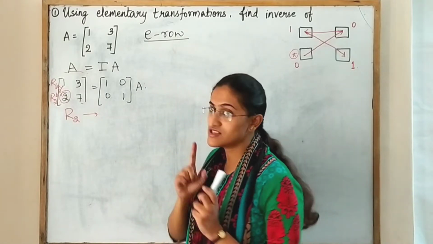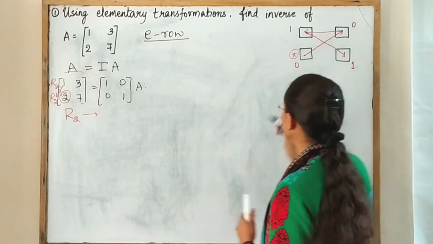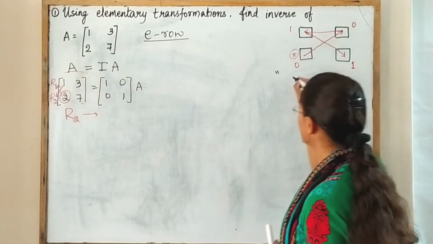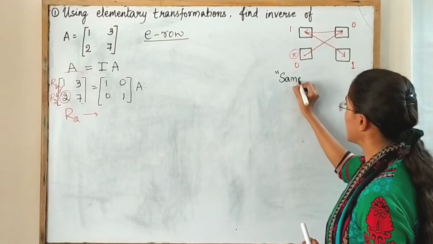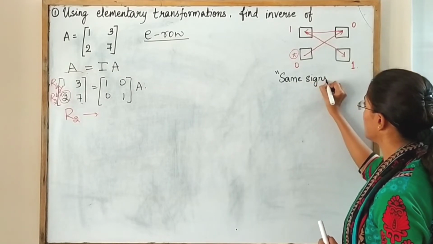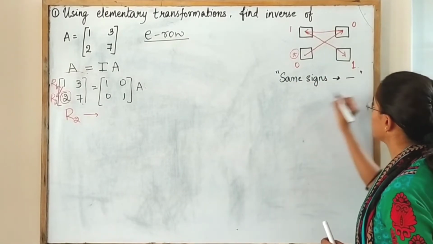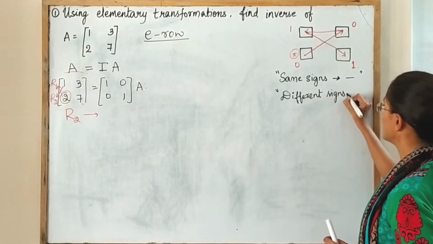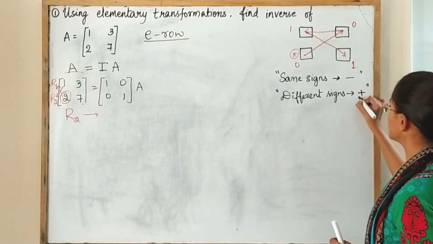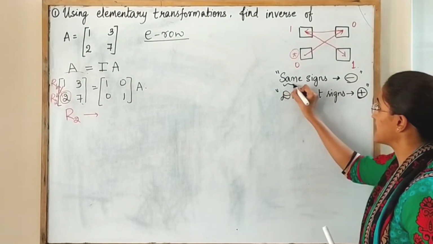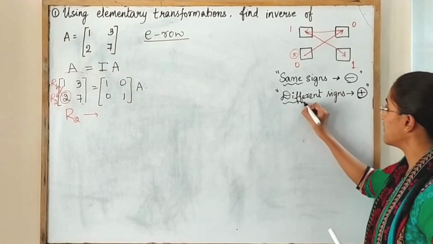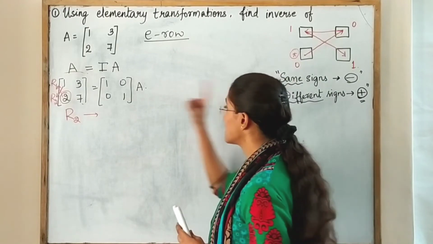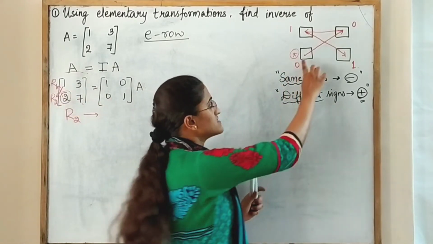Also remember another simple thing: if I have the same signs in these two elements, then we use the minus symbol. If I have different signs, then we use the plus symbol. Do remember this. These steps are applied only for making zeros.